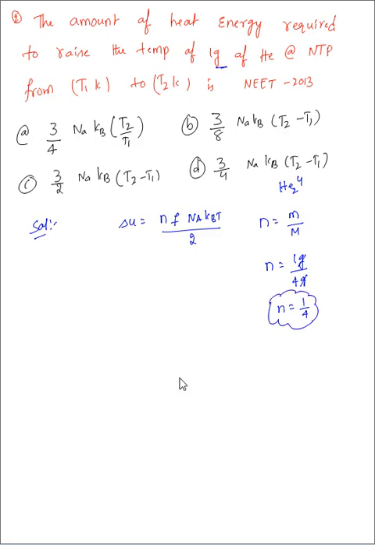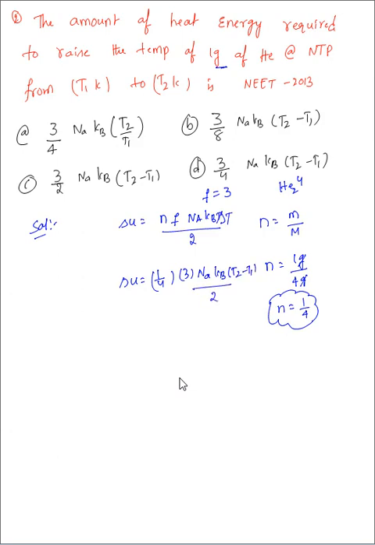Now we have to substitute all these values. Helium is nothing but monoatomic, na? So number of degrees of freedom is how much? 3. So we are going to substitute: delta U equal to N value is 1 by 4, f value is 3, Na kB into delta T. Delta T can be written as T2 minus T1, divided by 2. So 2 4s are 8.